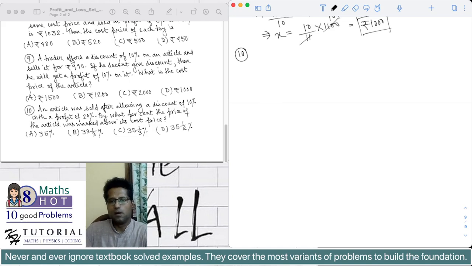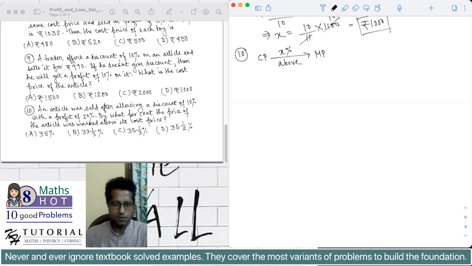Okay, so we have a cost price and we have a mark price. The mark price is usually more than the cost price. That is, it is a certain percent above the cost price. And this is what the question is asking. So let's say the mark price is x percent above the cost price.